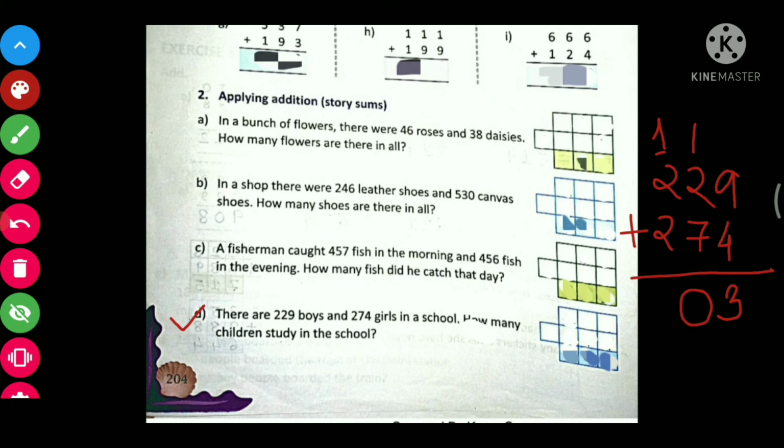Now see, in the 100 place, 1 plus 2, it will be how much? 3, right? 3 plus 2, 5. Very good. So total how many children studied in the school? 503 children.